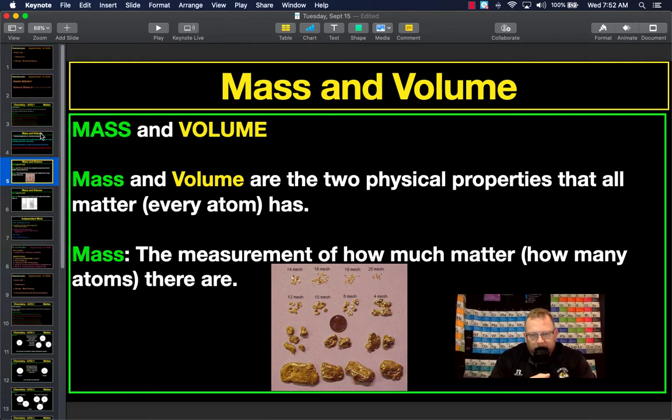So if you look at the picture, on that top row, we've got very little particles of gold, and then on that bottom row, we have big chunks of gold. Okay? So on the top row, the very little particles of gold, there's just a little bit of gold there, right? It's just a very small amount, which means that its mass is going to be very small. The big chunks on the bottom, there's a lot of gold there, so the mass is going to be very large.